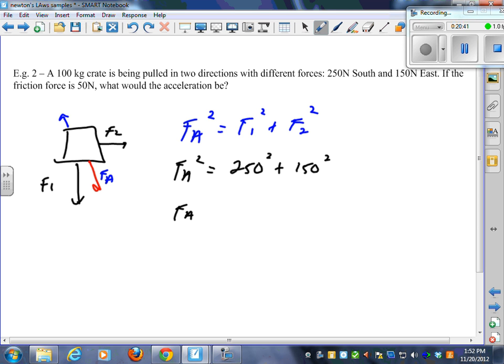Which is what? I'm going to look it up. Did you get 291.5? Okay. So my total applied force is 291.5. The object doesn't care that it's 250 and 150. It just knows it's got 291.5 newtons of force being pushed on it.